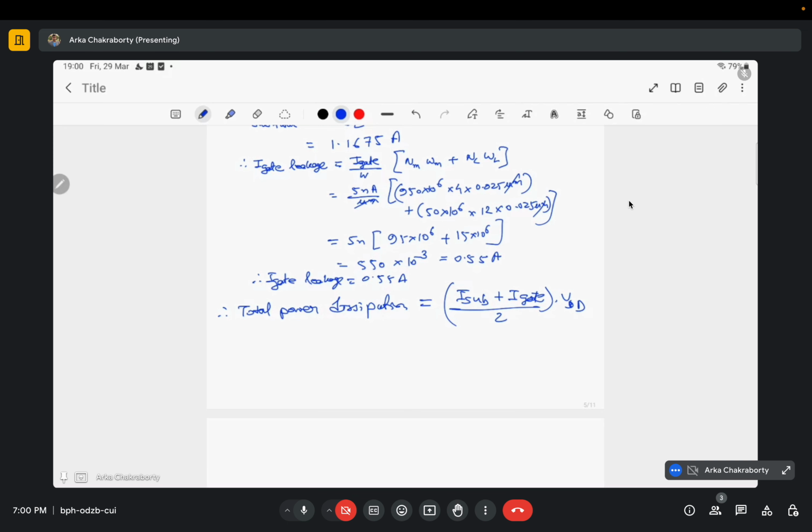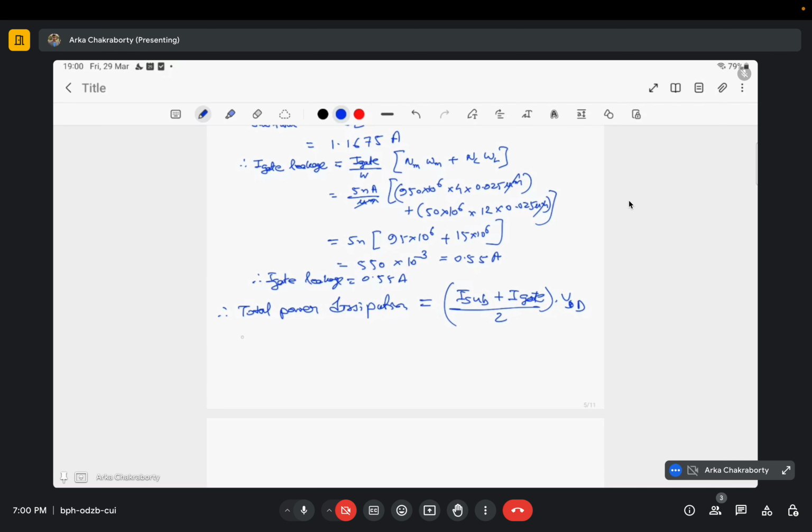Now you will ask why divided by 2? Because I am considering that for 50% of the time each of my logic or memory devices is on. When the transistor is on, it will only result in gate leakage, and subthreshold leakage will be 0. When it is off, the subthreshold leakage will be there, but the gate leakage current will not be there. So I am considering that overall 50% of the time they are either on or off.